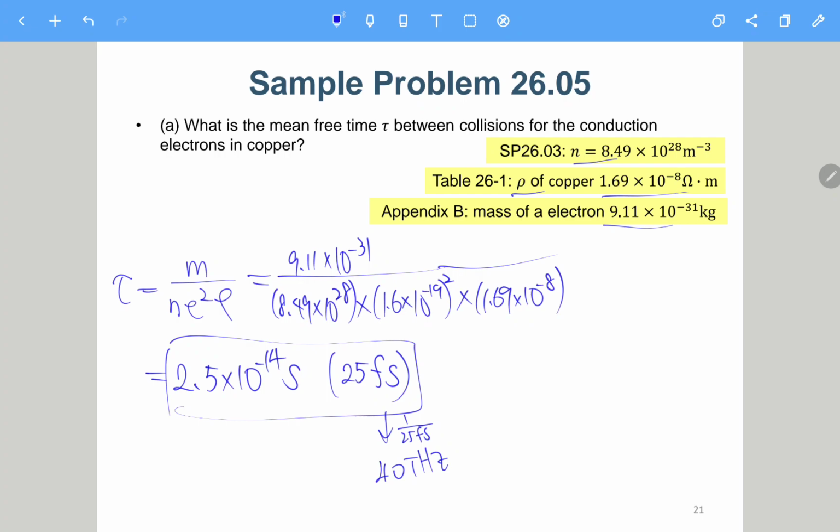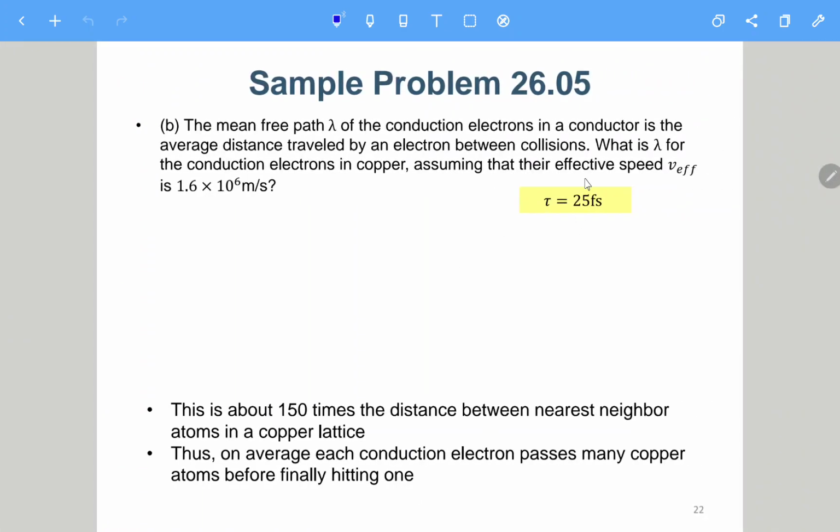You know, gigahertz is for the device, for the CPU, for the GPU or whatever. Tera is 1000 times larger. Okay, so this is tau.